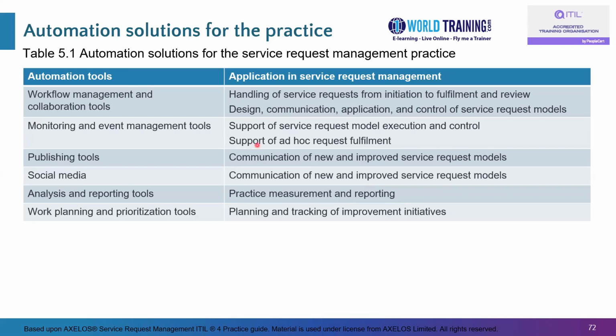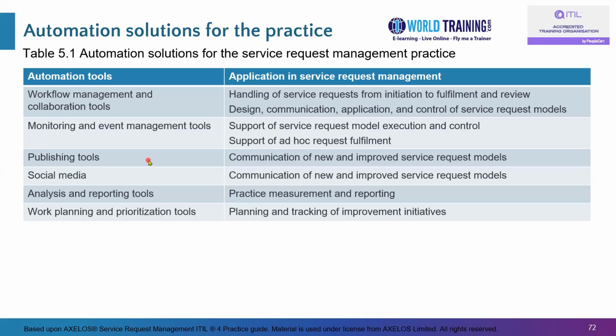Similarly, ad hoc request fulfillment support means that when requests have been fulfilled for the exception type of request categories, the monitoring system can indicate certain messages or alerts to the practitioners that the configuration has been changed, or some other new message that a specific request has been fulfilled. For example, if a software license was installed, then an event alert could come up that a certain license is active, or has been activated.